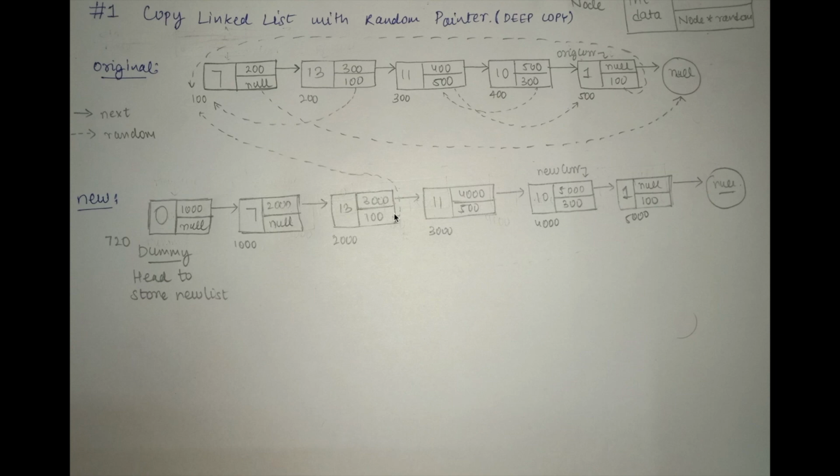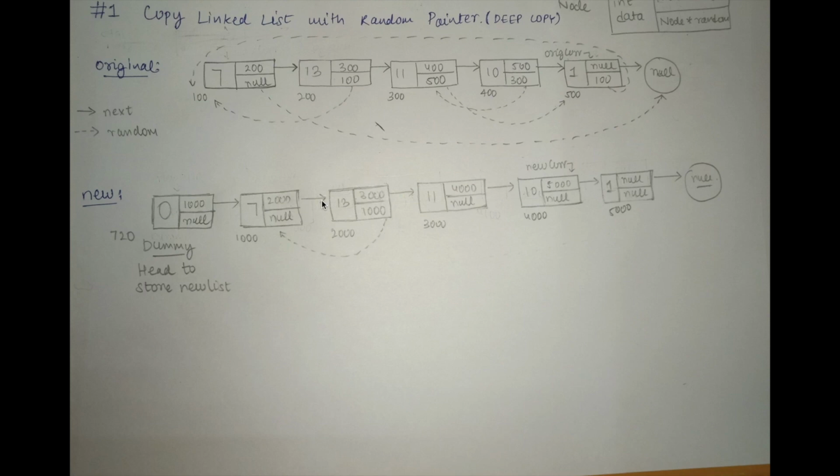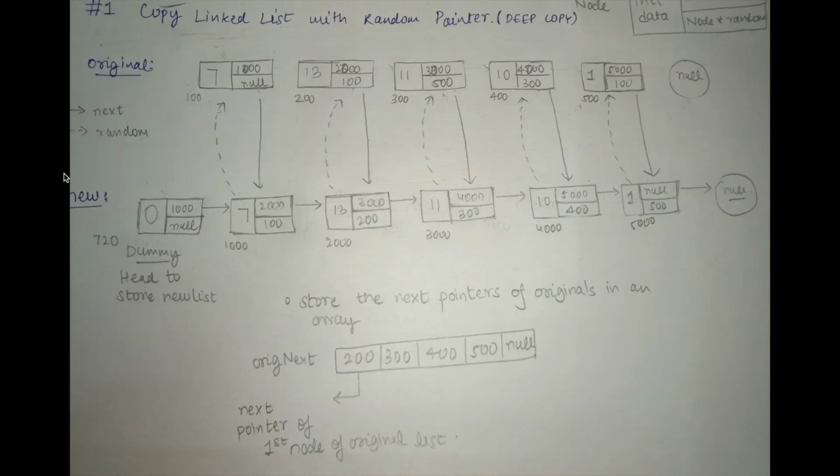If we do that, instead of pointing to the first node of the new linked list, which we want, it is going to point to the first node of the original linked list. So what we want is for 13 to point to 7, not to the 7 of the original linked list. We want 13 to point to the 7 of the new linked list. That is the main challenge here. So we cannot copy the random pointers from the original linked list to the new linked list. We have to find another way.